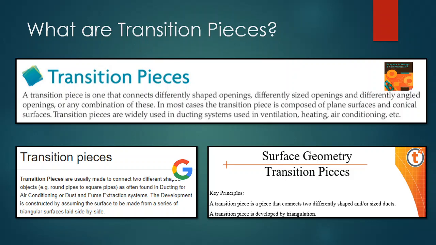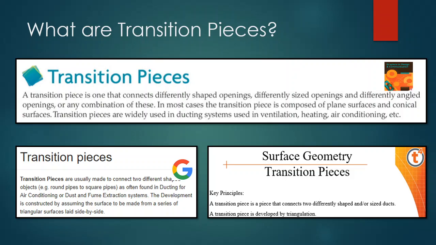A transition piece is one that connects differently shaped openings, differently sized openings, and differently angled openings, or any combination of these. By different shaped openings, it means it could be a square, a rectangle, or a circle at the bottom with a different shape on top.